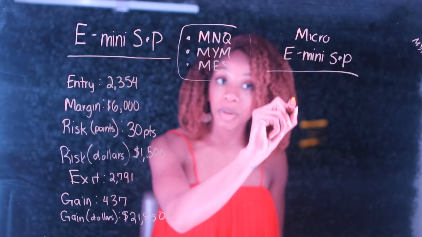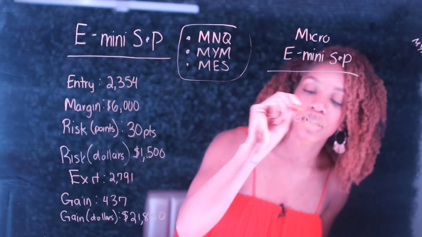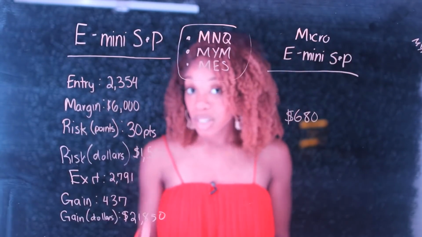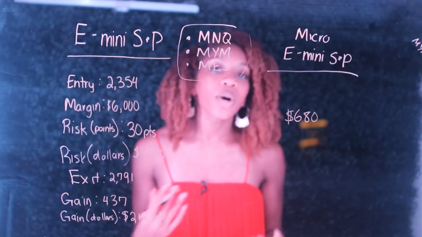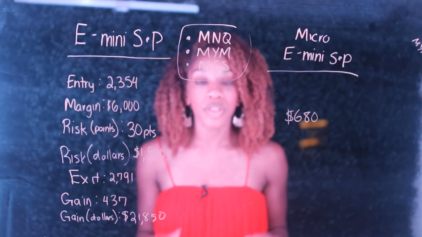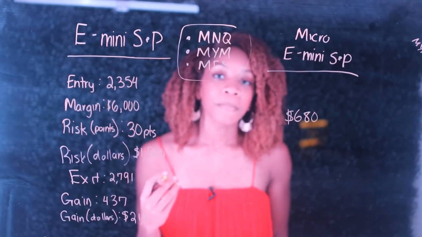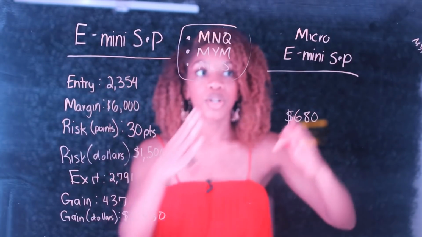Well, how much will it be with the micro E-minis? I can tell you right now because I know the number off the top of my head. $680. So $680 to trade one contract of the S&P. Now, one thing that we're hoping is going to happen with the micro ES, the micro mini S&Ps, is that there's going to be the same amount of movement that we see with the S&Ps with the micros.